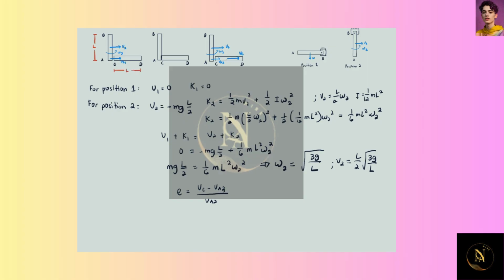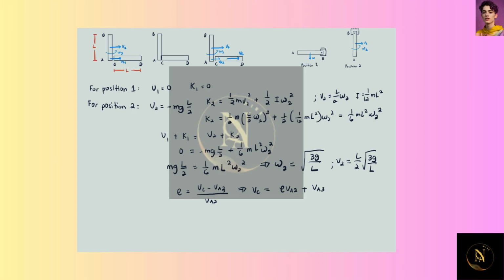From here, we can find an equation for VC. VC is equal to e times VA2 plus VA3.